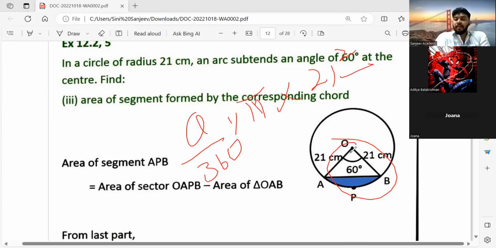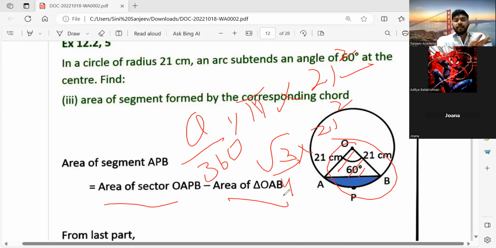Minus the area of the triangle. What is the area of a triangle? Root 3 by 4 into side square, that is into 21 square. That's all. Area of the sector minus area of the triangle. Simple thing only. It is not at all a complex question. Everything is the same.